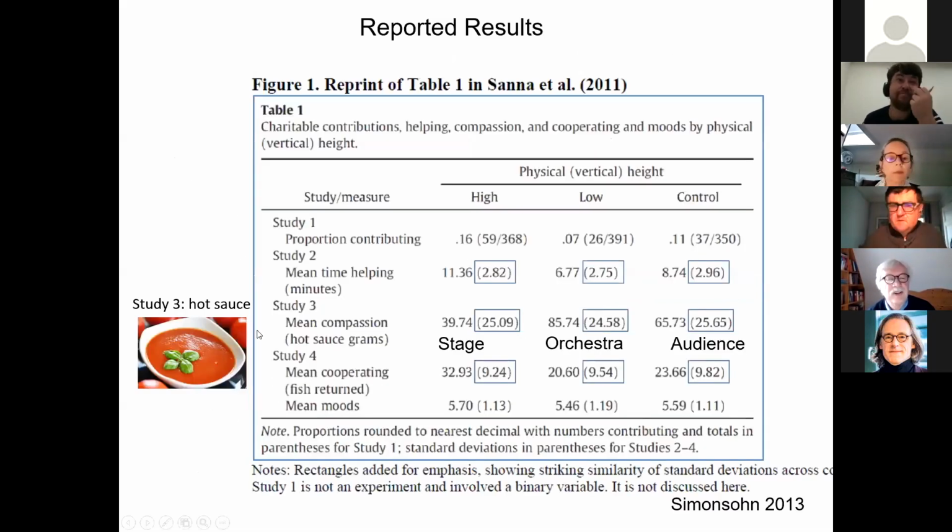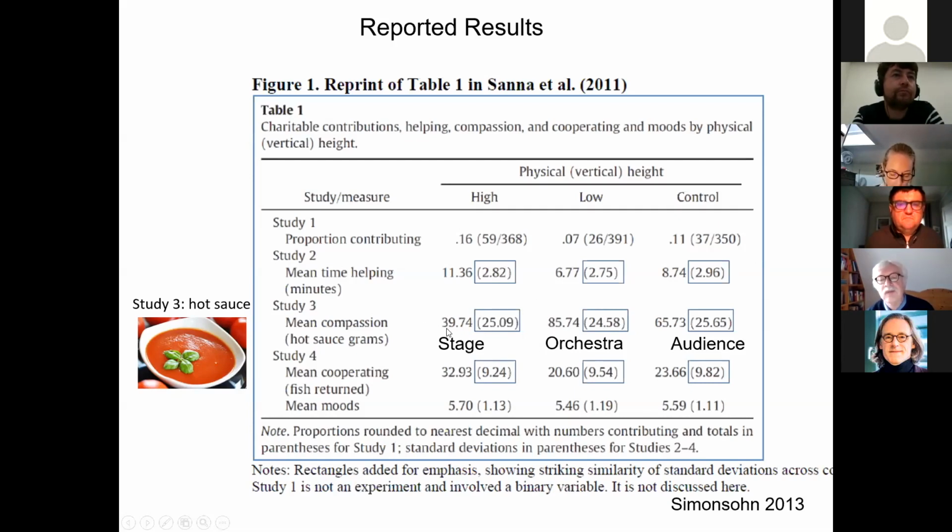Okay, let's have a look at the results. Just here in study 3, what we find exactly confirms the hypothesis. There are 39 milligrams in the high position and 85 in the low position.